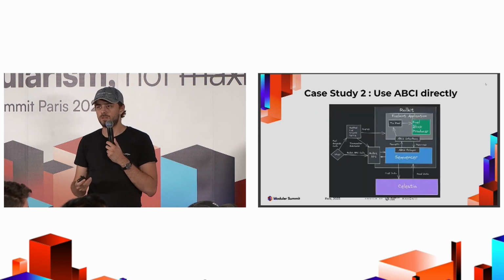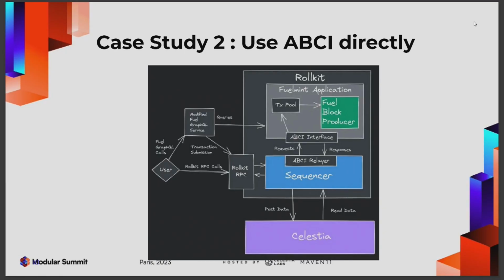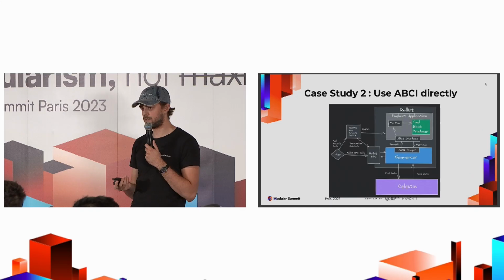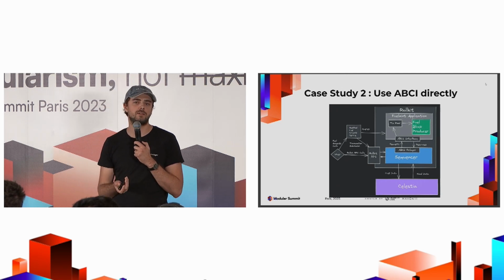The other thing is, okay, I'm not going to use the Cosmos SDK, but the ABCI directly, and a community member did that and used Fuel to make it ABCI compatible, and basically created a Fuel sovereign rollup on top of Celestia just by complying with this ABCI interface.